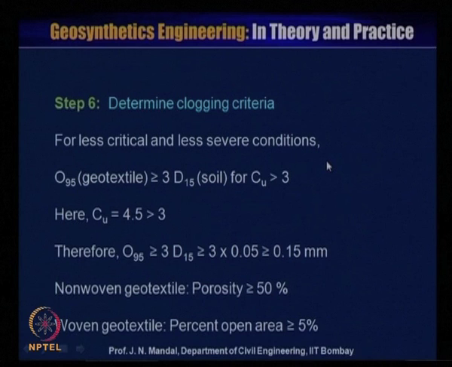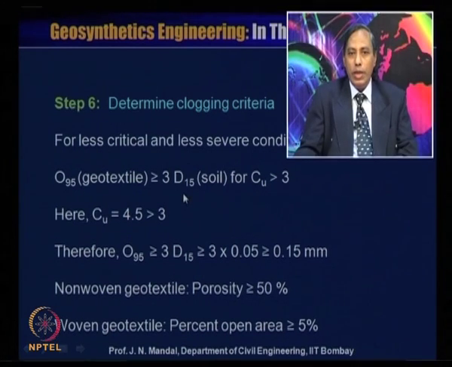Step 6 is to determine the clogging criteria. For less critical, less severe condition, O95 of the geotextile should be greater than 3 D15 of the soil, when Cu is greater than 3, which we have already discussed. Here Cu is 4.5, so it is greater than 3.